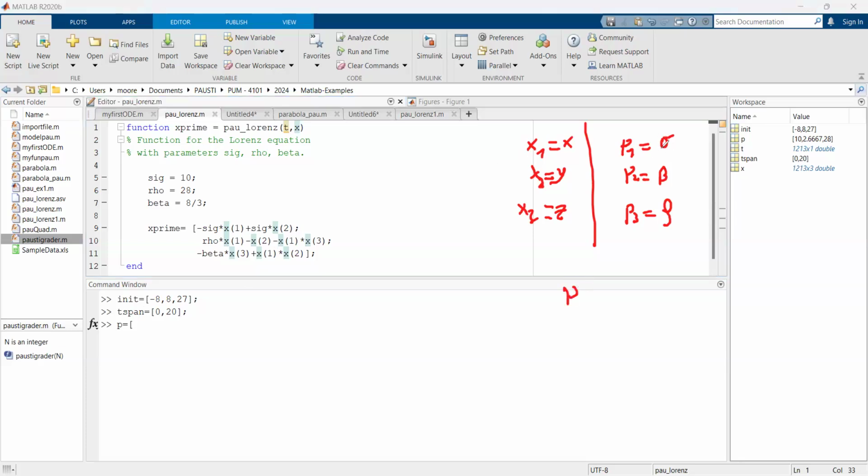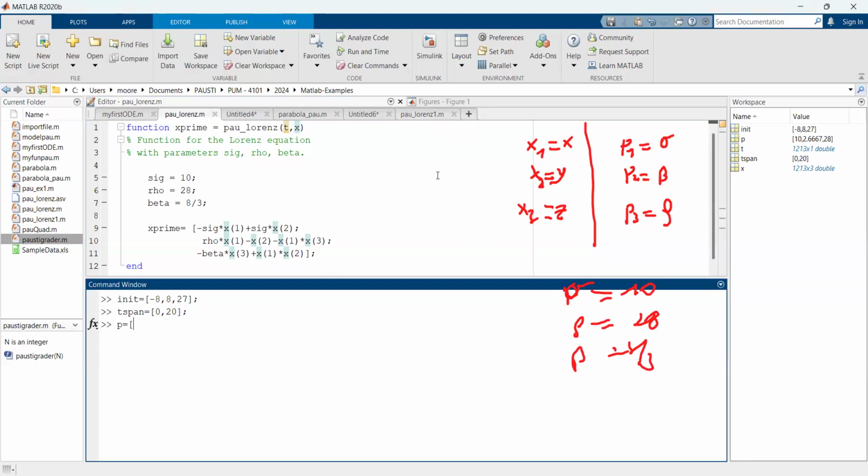P1 corresponds to sigma, P2 is beta, and P3 is rho, right? So if sigma is 10, rho is 28, and beta is 8/3, we need to arrange it similarly to how the P's are arranged.